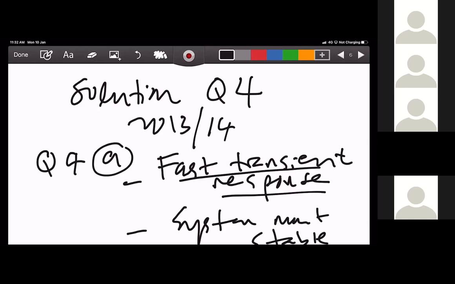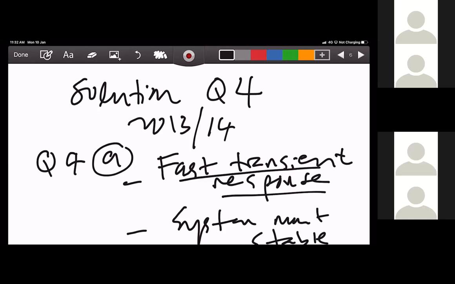Zero steady state error. Anything more? That's all. Yes, add one more: shorter settling time.